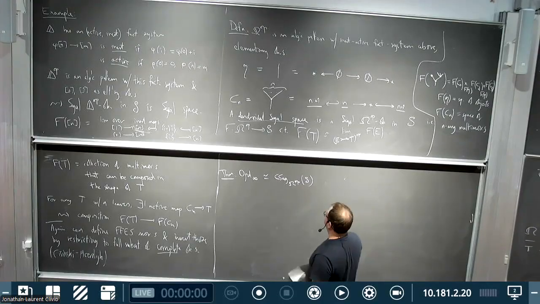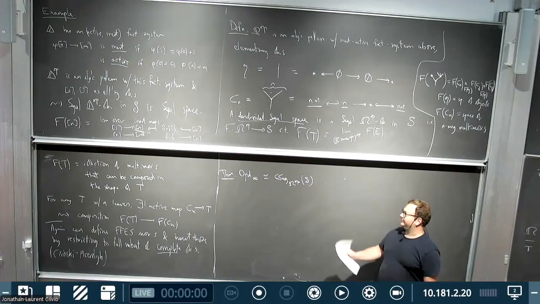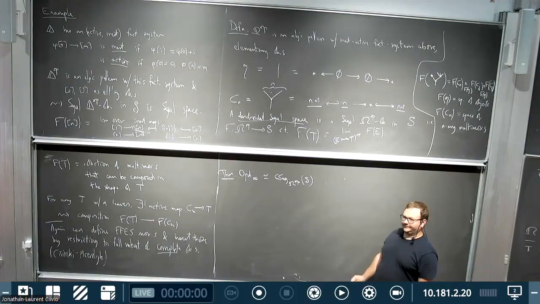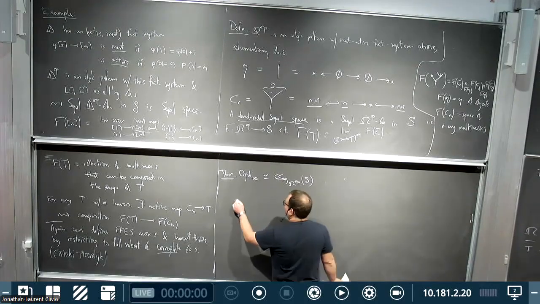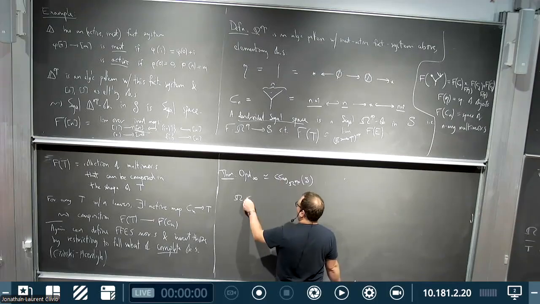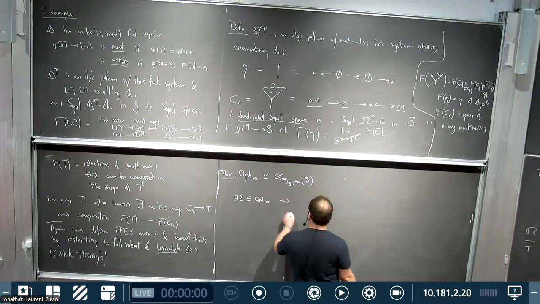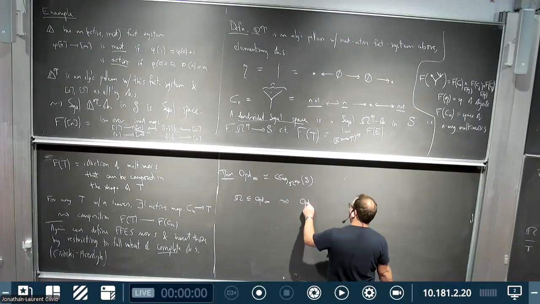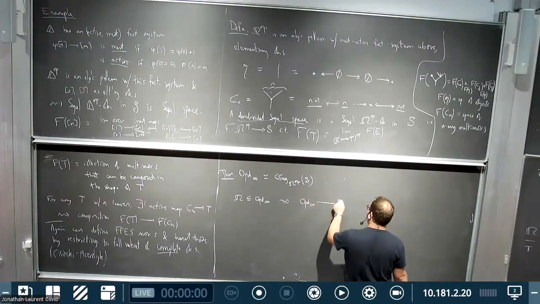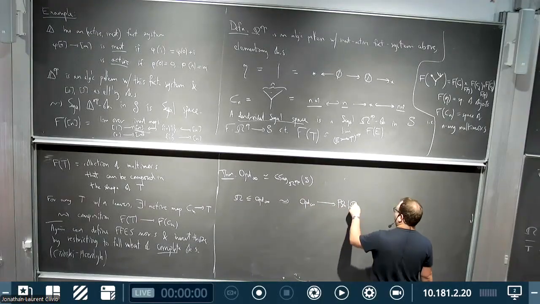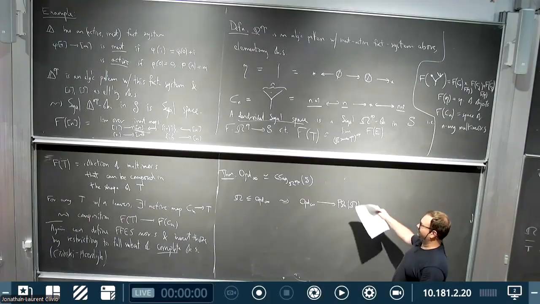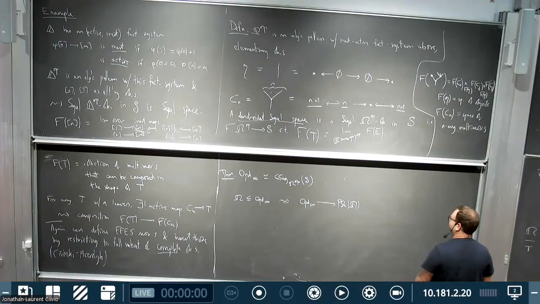Right, so we want to identify something as a full subcategory of presheaves. The obvious way to do this is to view infinity-Op as a full subcategory of presheaves on Omega, and then check that this is fully faithful with the image being the Segal spaces.